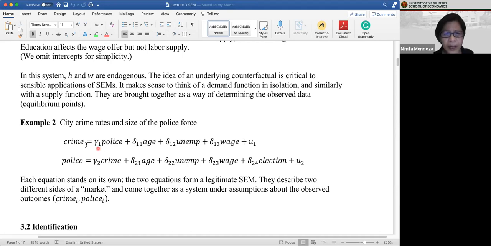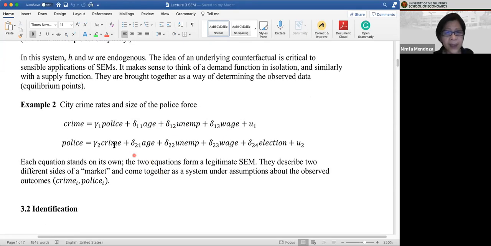Okay, so we have here what is the effect on crime rate of police enforcement. Age, I think this would be some age indicator for the city. This can be the median age, and the unemployment rate in the city, and also the average wage rate in the city.